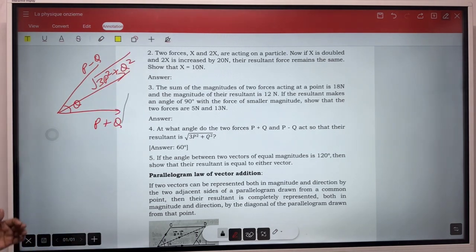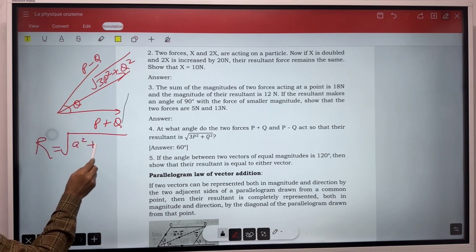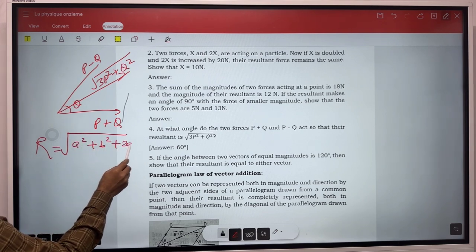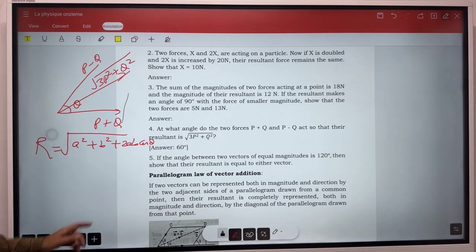So how will you proceed for this? If you remember, I told you the rule to find the resultant. The resultant is found using the formula: the first vector a square plus b square plus 2ab cos theta. Here our concern is to get theta. So it is simple.